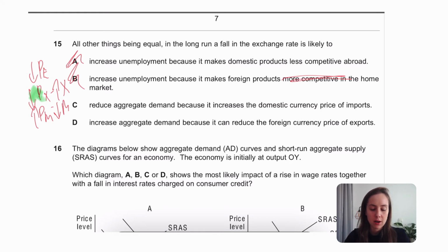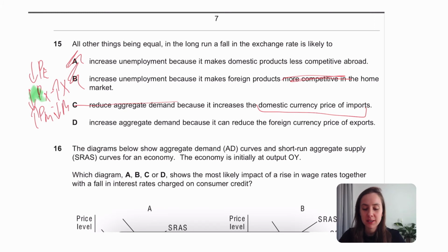Imports are going to increase in price, that's fair enough. But if we import less, then this is a funny trick. If the imports are going to decrease, that is actually going to help aggregate demand. So C seems to not be the case for that trick.